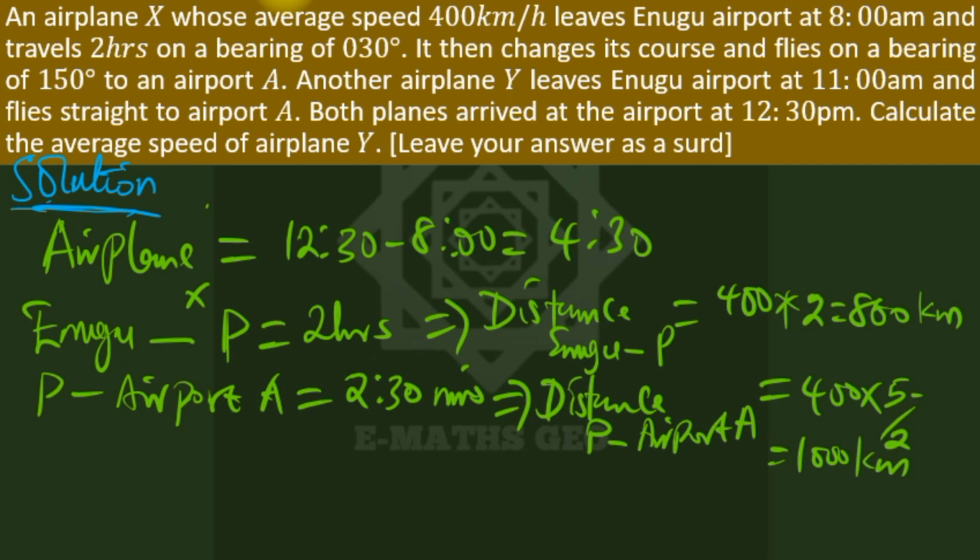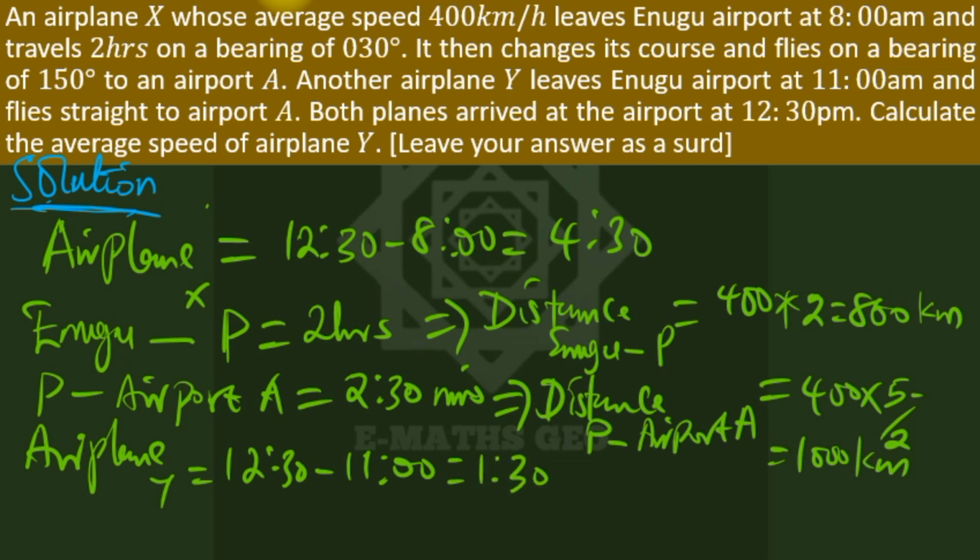Another airplane Y leaves Enugu at 11 o'clock, so airplane Y took a total of 12:30 minus 11 o'clock, which is 1 hour 30 minutes.